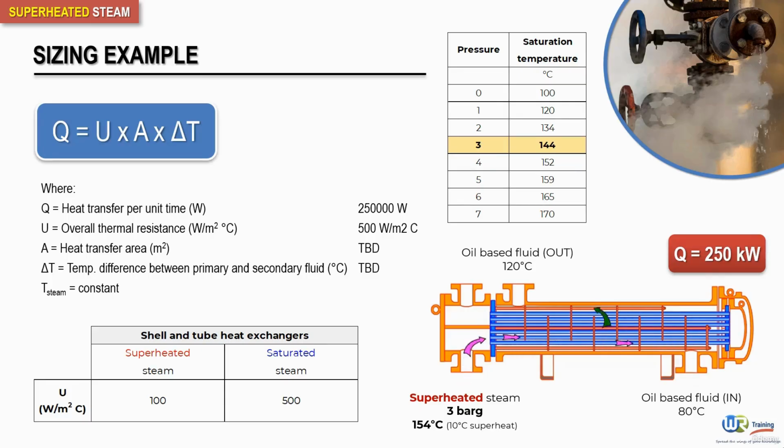The temperature of oil will be taken as the arithmetic mean temperature. So, 80 degrees Celsius plus 120 degrees Celsius divided by 2. This gives 100 degrees Celsius. As a result, delta T equals 144 minus 100. This gives 44 degrees Celsius.